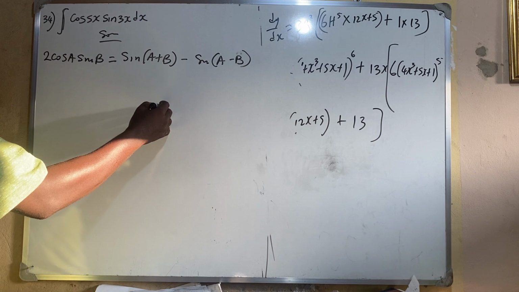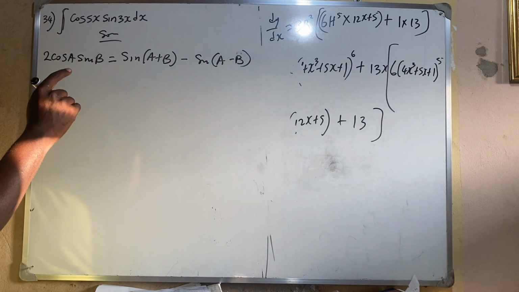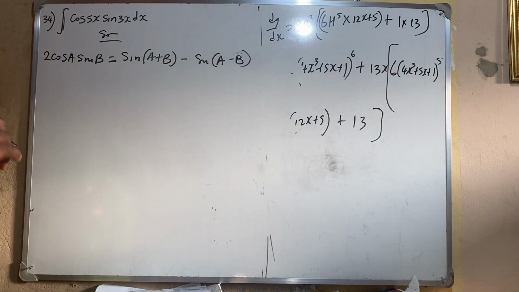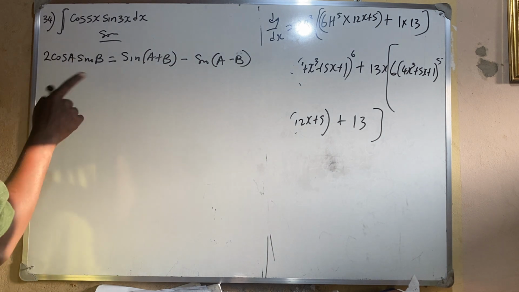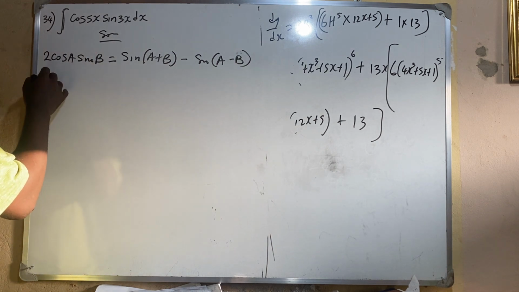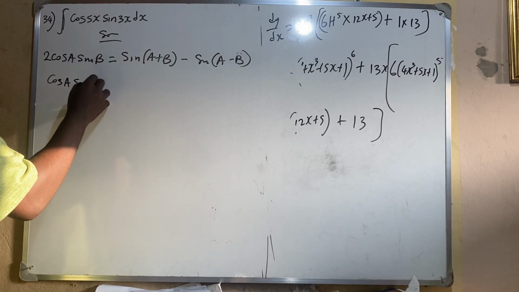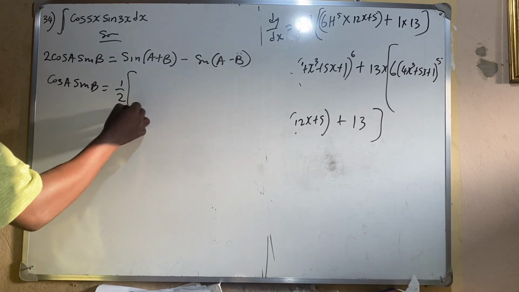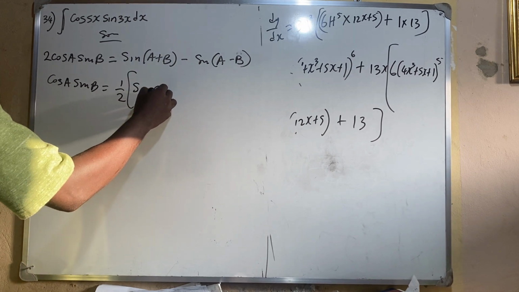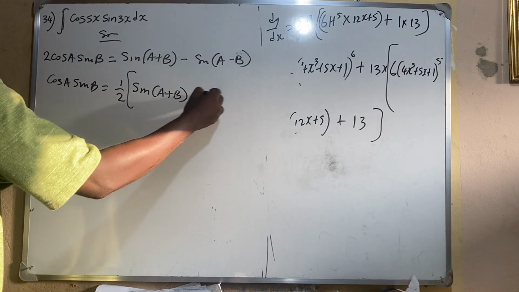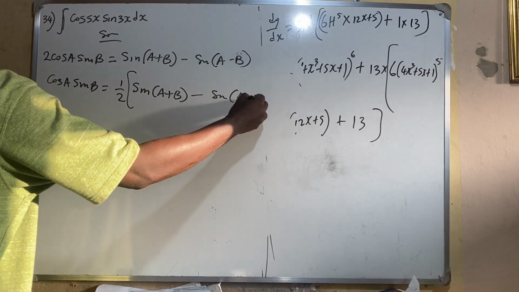I think it's cos that maintains the sign, while sin does not maintain the sign. That's where the problem was. So cos a sin b is simply 1 over 2 into sin a plus b minus sin a minus b.